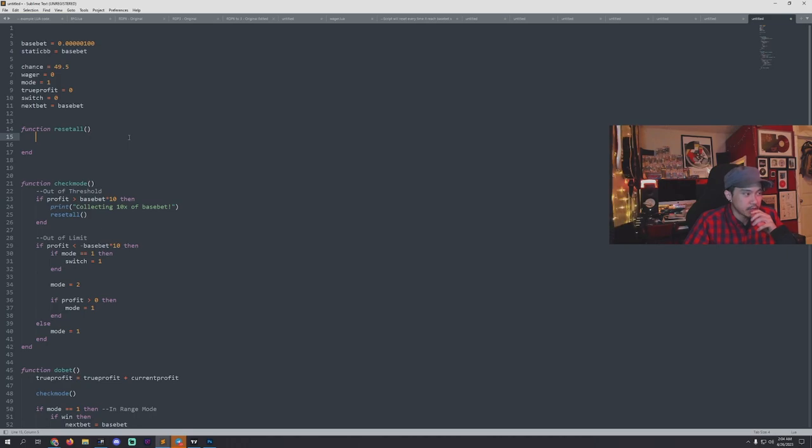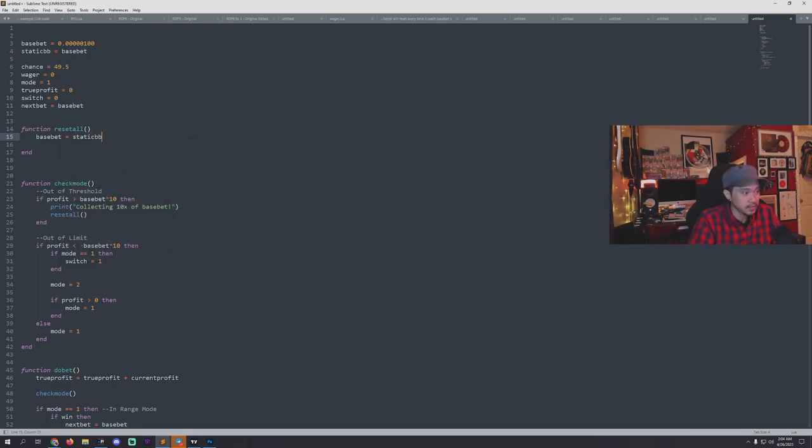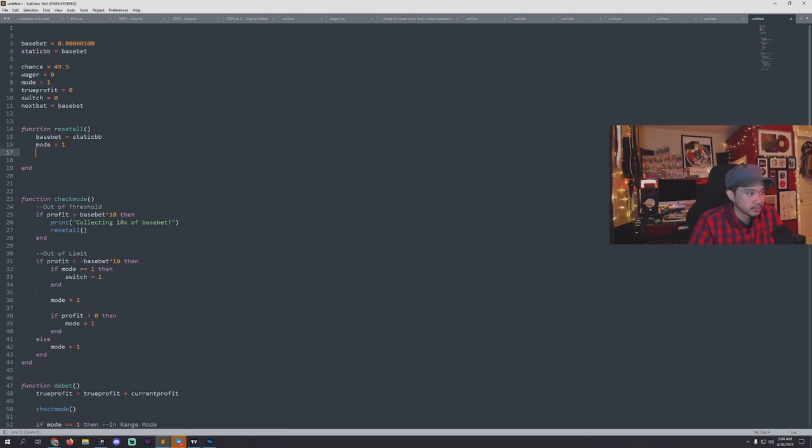To reset all, here's our initial stuff that we have here. We can say base bet. This is where the static BB comes to work, right? So we could say base bet is static BB, because static BB holds the original base bet. We're going to put mode back to 1. True profit, we don't want to reset that, because we're trying to keep track of it throughout the entire running process.